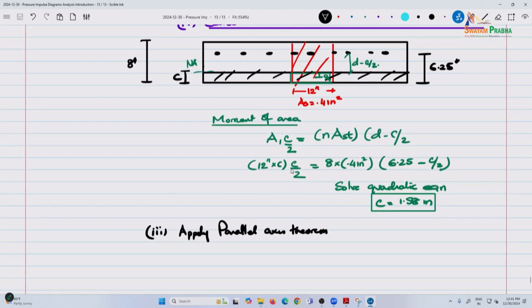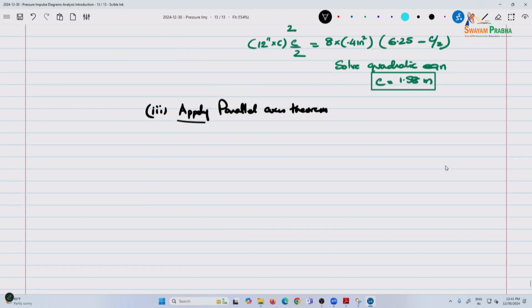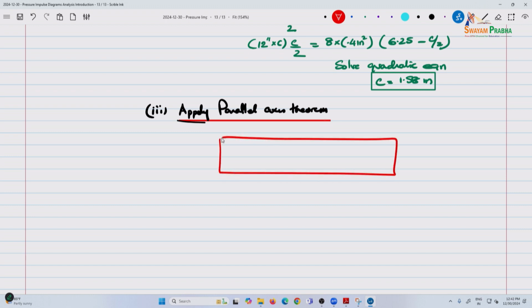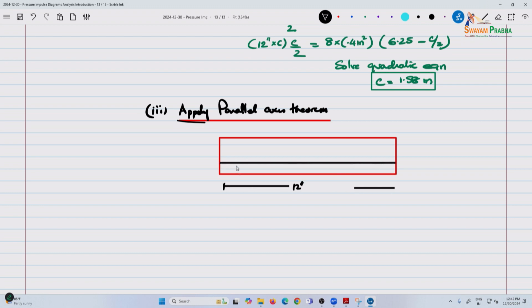Okay. So, when you do the parallel axis theorem, in this case, you are applying say 1 foot, 12 inches. So, now this is the concrete part of it, 1.58, this is sort of the steel part of it.